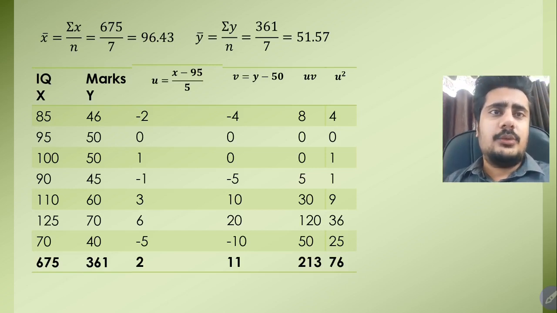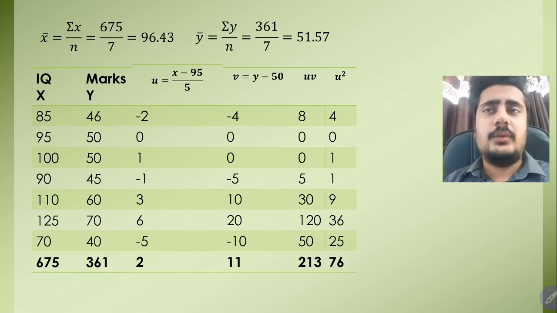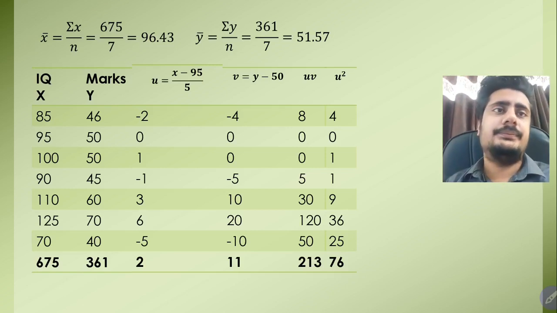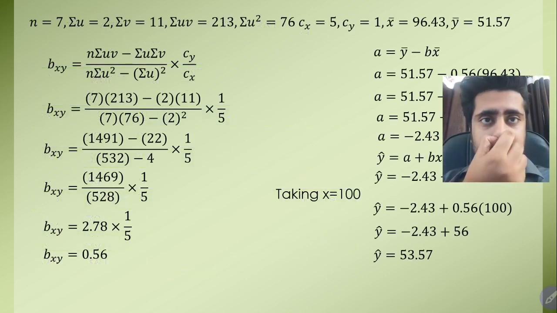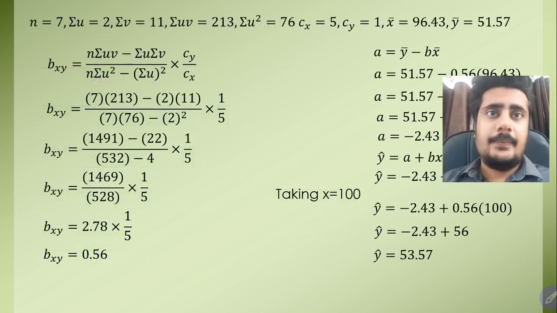So the total of u is 2, total of v is 11, total of uv is 213, and the total of u square is 76. So let us find the answer.